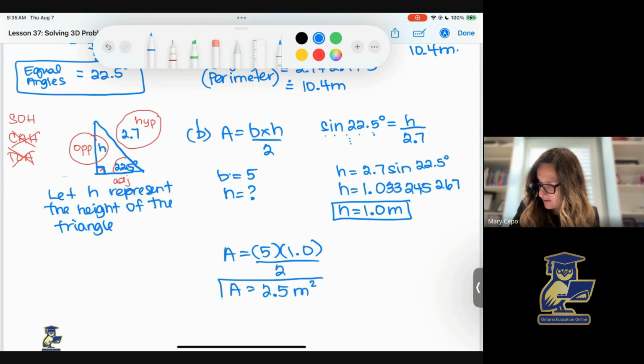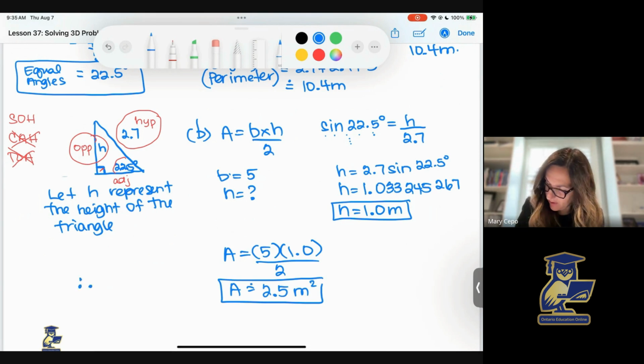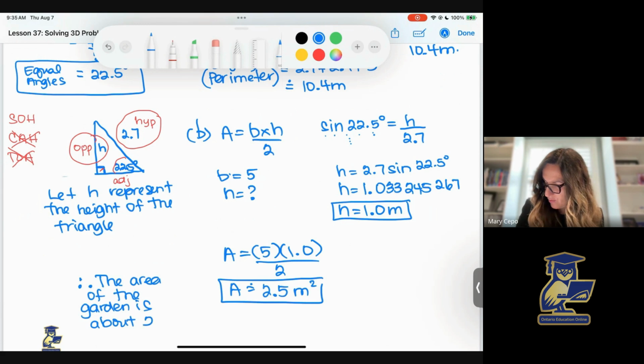Remember, area is squared. So therefore, the area of the garden is about 2.5 meters squared. Well, moving on.